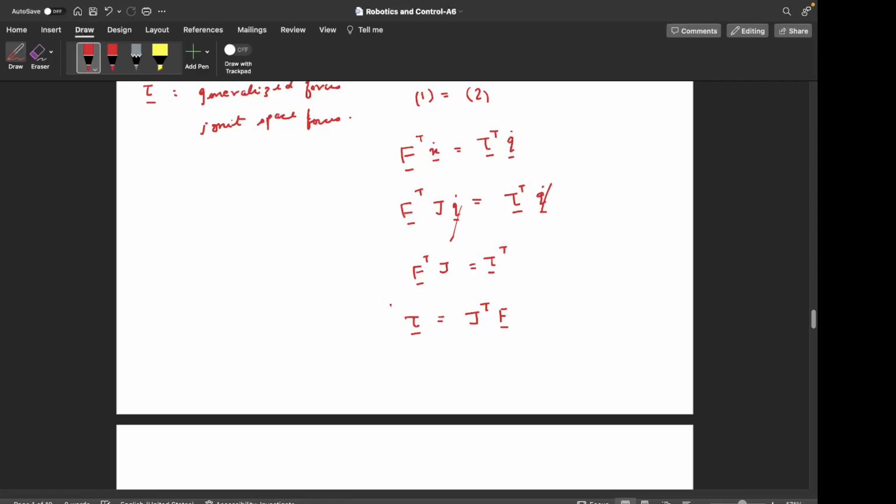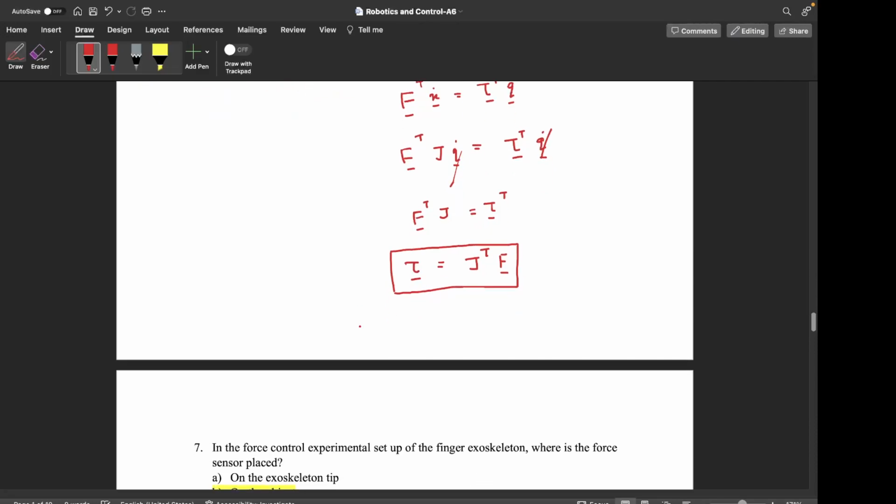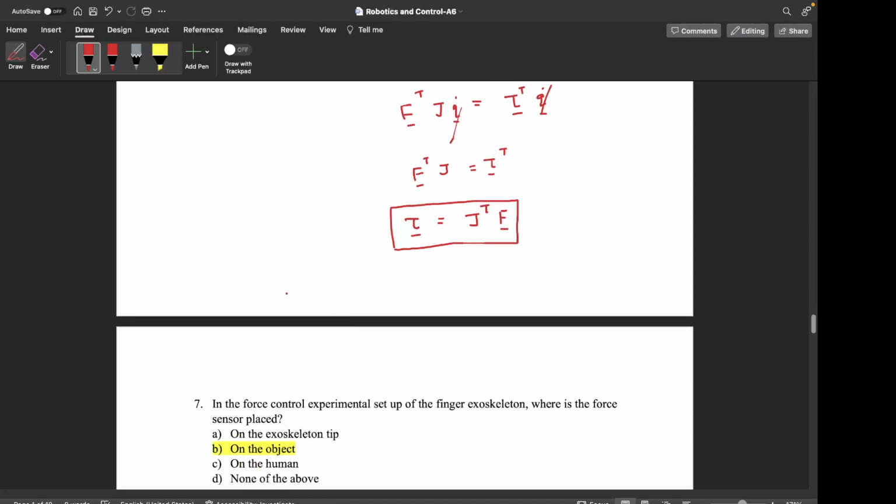So this is how we arrive at that expression. So basically the conclusion is that the joint space forces are related to the end effector space forces through the end effector Jacobian, right?